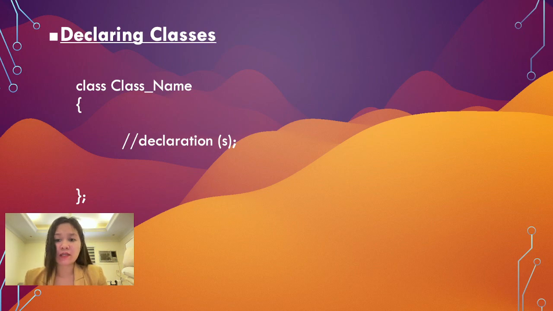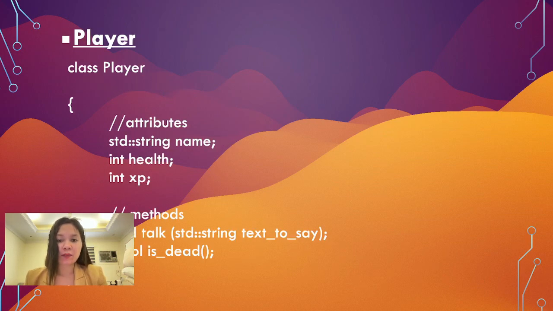So now I have an example of the class name, class and class name, and then the declaration. In class Player, inside we have the attributes: std::string name, int health, and int xp. And in the methods, we have void talk, taking a std::string with the text to say.